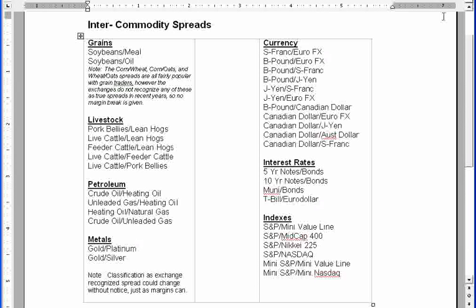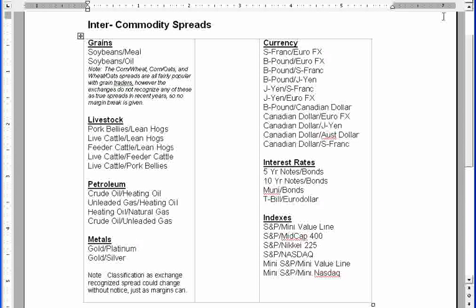So then we got the livestock. So we're looking at pork bellies, lean hogs, live cattle, lean hogs. Right. All those make sense. We're either looking at the beginning stages of production to the end stages of production, like the live cattle feeder cattle spread or feeder cattle live cattle spread. Or you're looking at two different areas of a slaughtered animal, as in lean hogs to pork bellies.